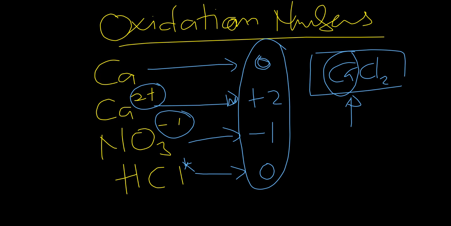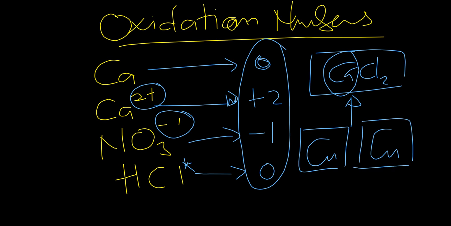Now, the reason why oxidation numbers are very, very important is because they help us when it comes to naming of compounds. So, for example, let's say you can have copper. This copper and another copper, two coppers can be different. One would have oxidation number of 1, the other will have oxidation number of 2.